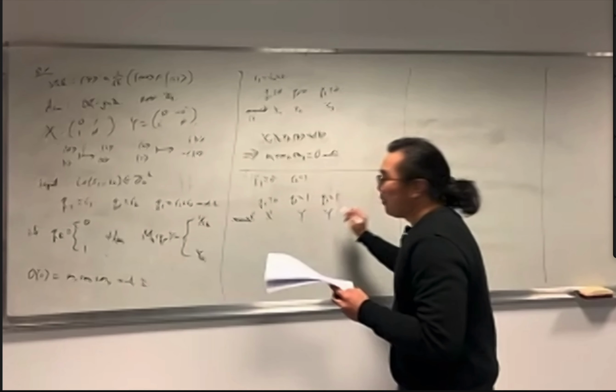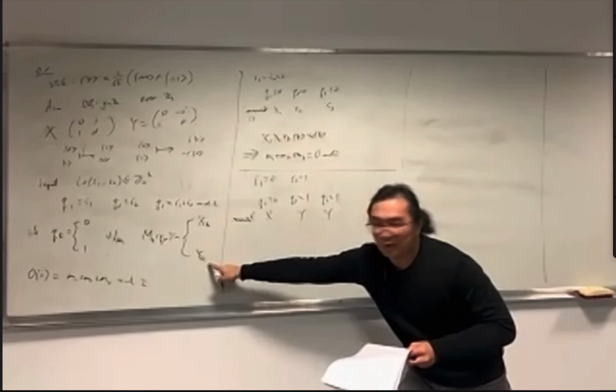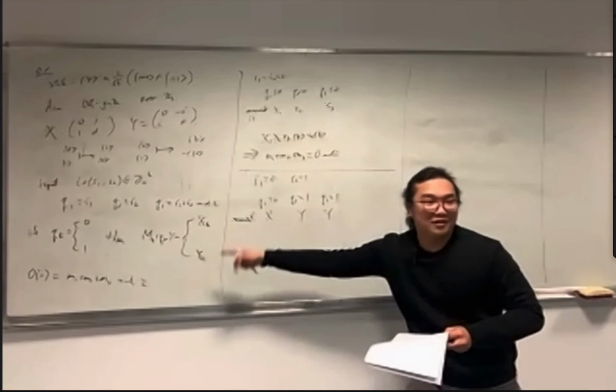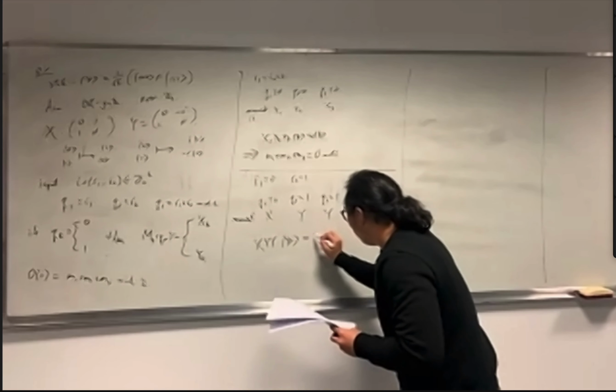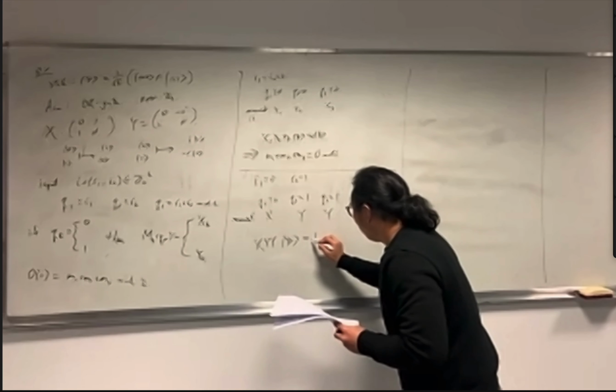If it's 0, you take the X measurement. And now we want to observe that this is equal to minus this.